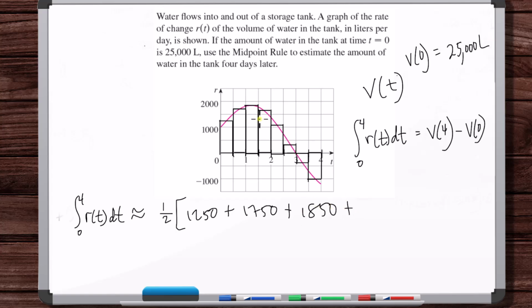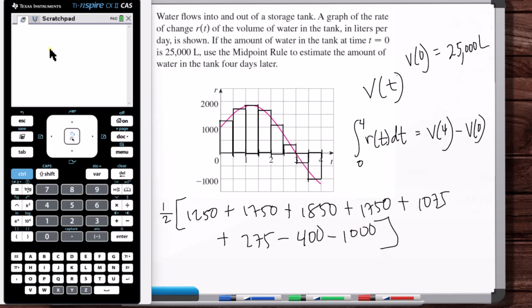This is about, looks like 1,750 as well. This is about 1,100, maybe 1,075. Okay, this is about 250 or 275. Okay, now subtract. This is about minus 400. Okay, and then this is minus 1,000.